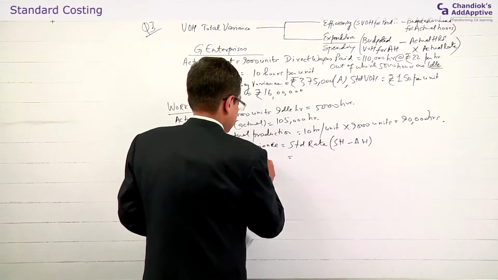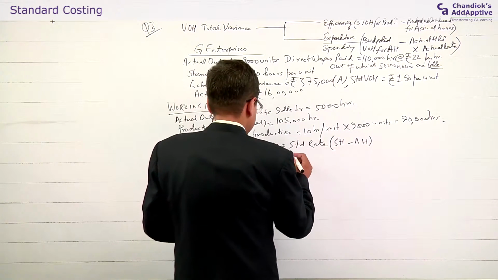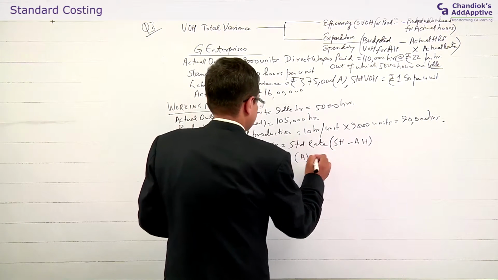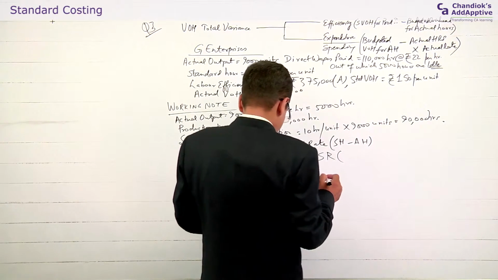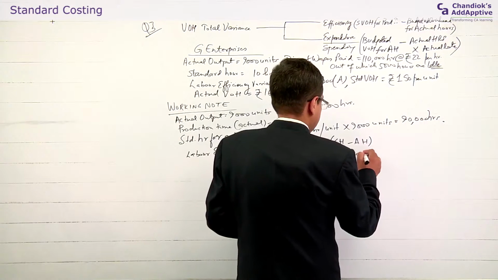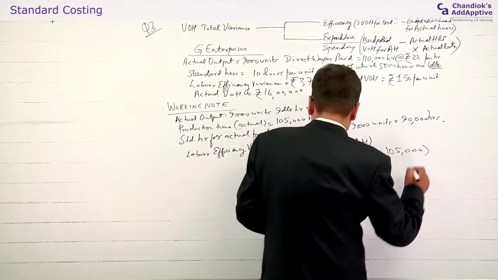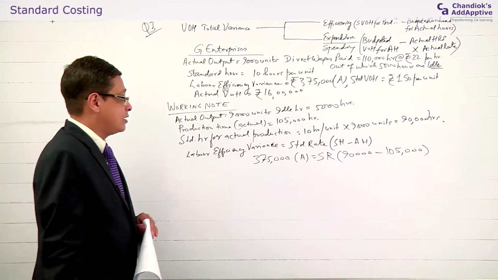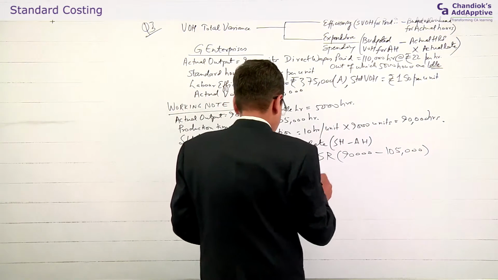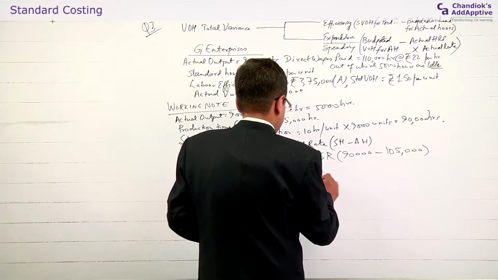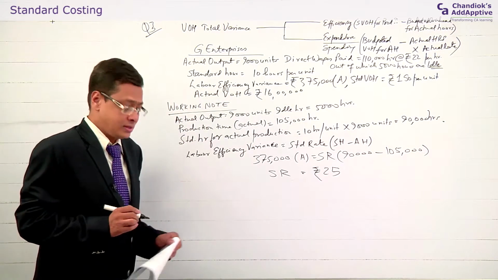So, this is given at 3,75,000 adverse, the standard rate is to be found out. Standard hour is 90,000 minus 1,05,000. So, we have an equation like this. We have to find out the standard rate. So, standard rate on the solution becomes rupees 25 if you solve the equation.